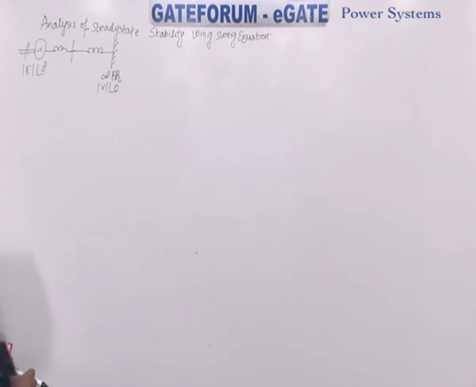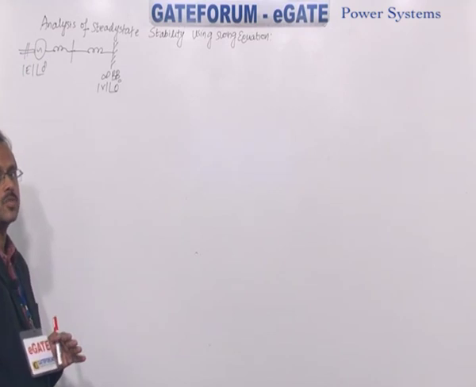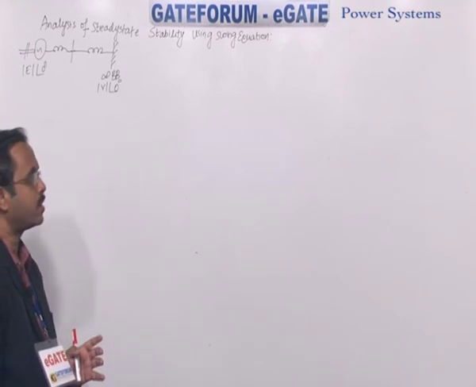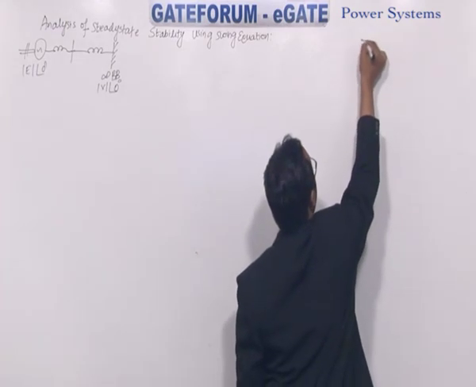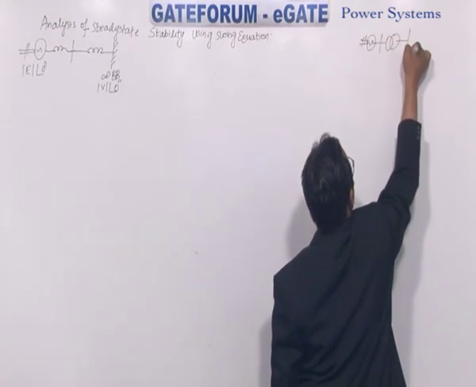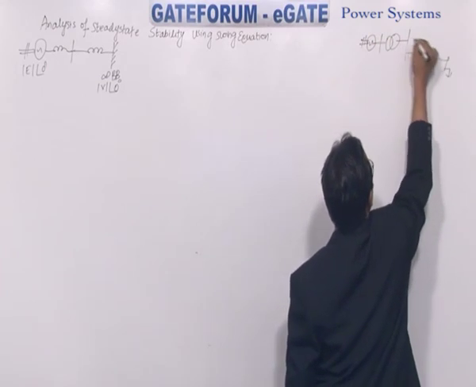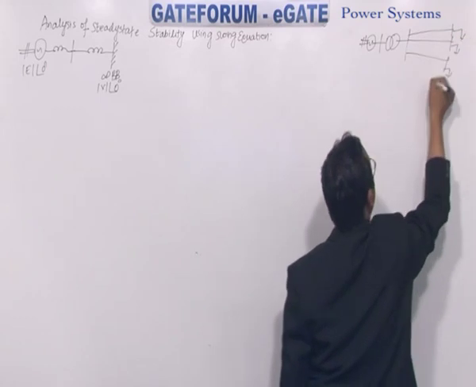Now what is the difference between an infinite bus bar and a finite bus bar? A finite bus bar you have drawn earlier: alternator, step up transformer, further lines like this. All these are finite bus bars.